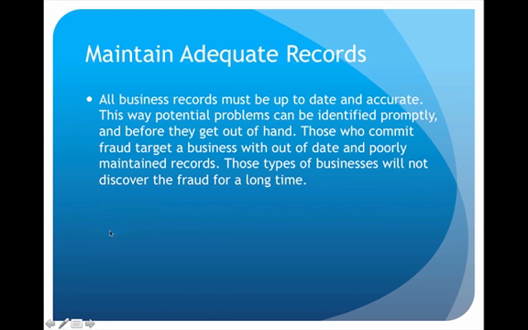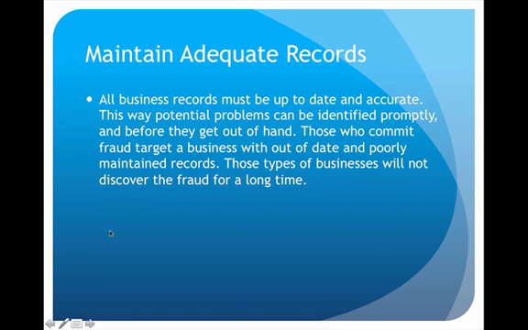The next principle is to maintain adequate records. We want all of our business records to be up to date and accurate. The key is, if there's going to be a potential problem, we want to find that problem as soon as possible so that we can deal with it. If we let these problems continue, they can actually get out of hand. So you want good quality, up-to-date records.